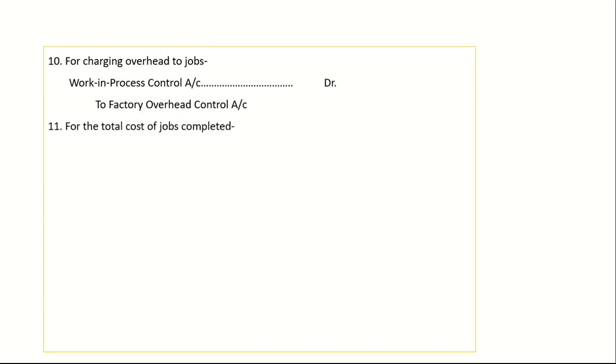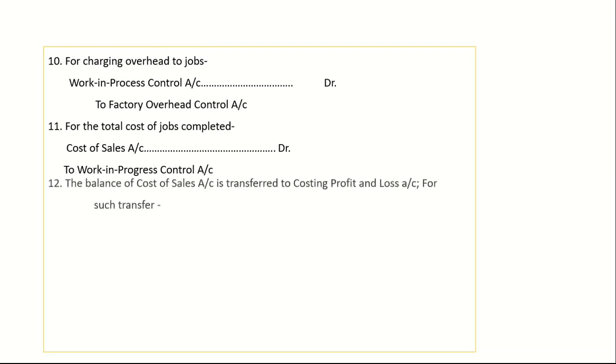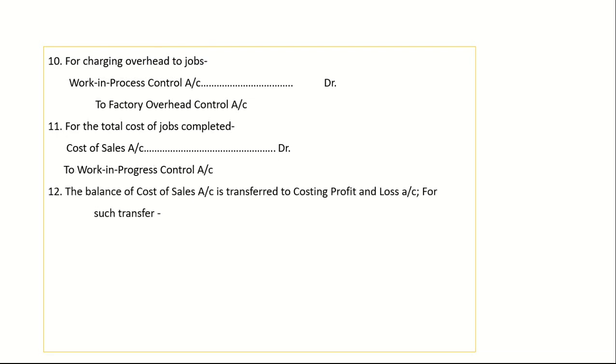For the total cost of jobs completed. Cost of sales account, debit. To work in progress control account. 12. The balance of cost of sales account is transferred to costing profit and loss account. For such transfer, costing profit and loss account, debit. To cost of sales account.